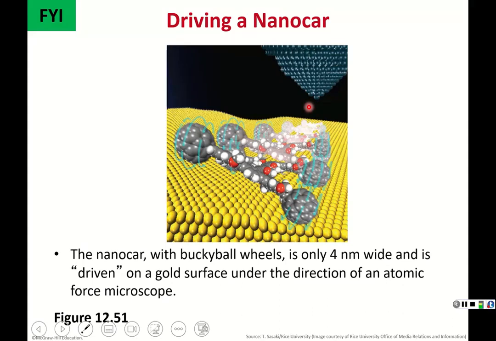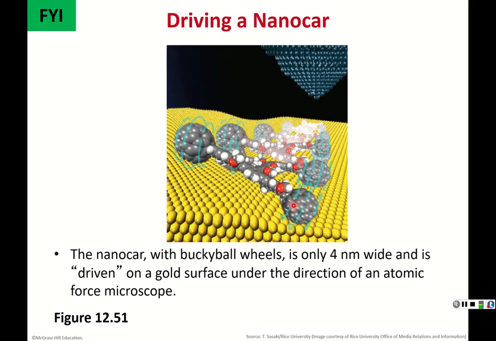And somebody actually made a nanocar out of buckyballs. Buckyballs are carbon in a C60 form, so 60 carbons in the shape of a soccer ball.